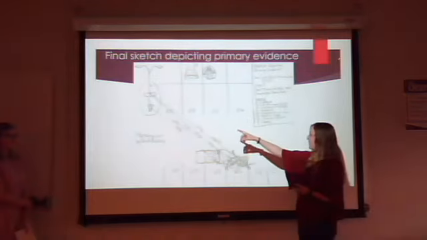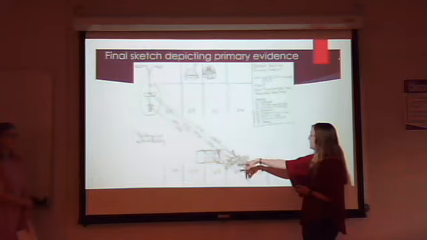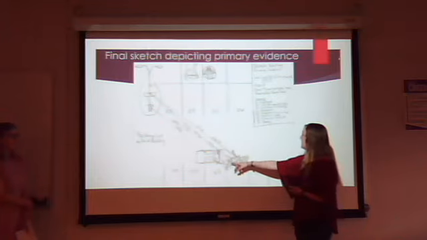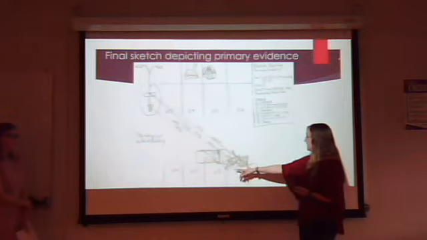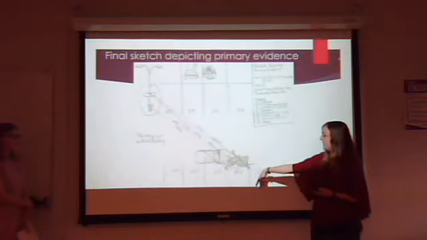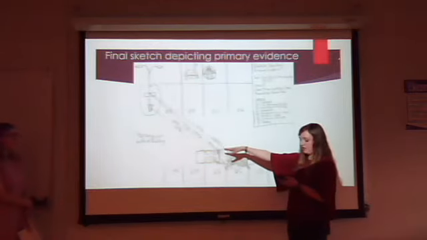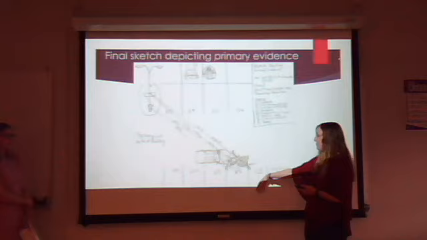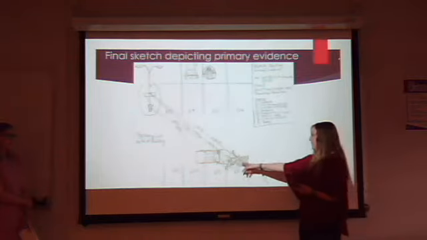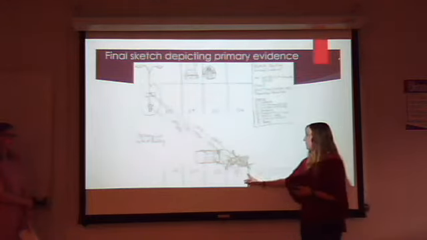A is the footprint in the gravel. B is the fingerprint on the hood. C is the fingerprint on the wheel. C is the blood on the hood. D is the glass on the asphalt. And E is the body. And I measured out the length and drew here the distance between the reference points and the distance between each piece of evidence and the reference points.